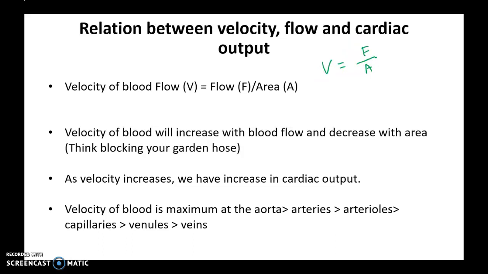If flow increases, that will directly increase the velocity, right? What about area? Area is inversely related to velocity. So if you have an increase in area, that will inversely affect the velocity, right?